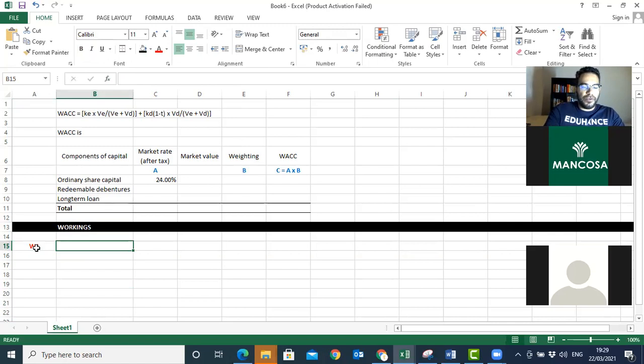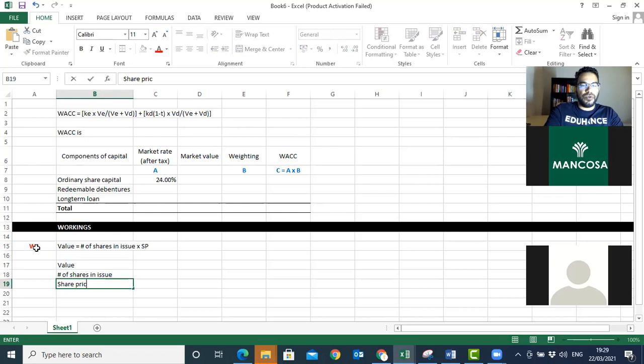So market value equals number of shares in issue multiplied by the share price. Here I'm just going to say value, number of shares in issue, and then share price.